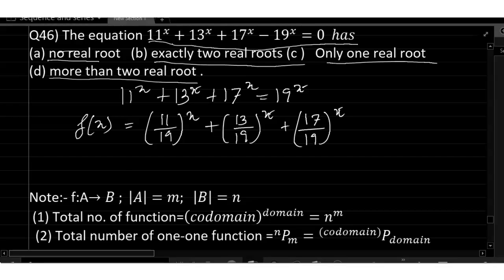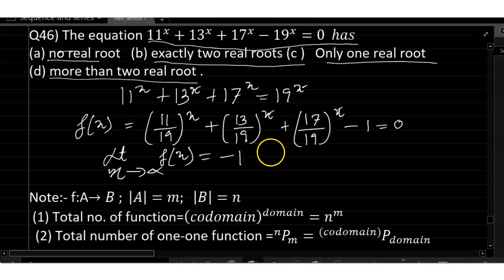So limit n tends to infinity. Limit x tends to infinity f(x) is equal to minus 1, equals 0, equals minus 1.